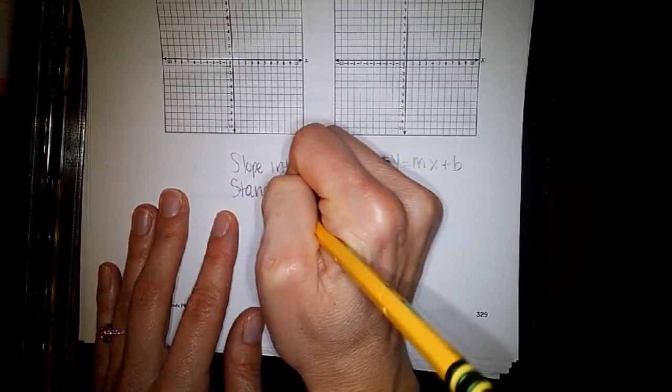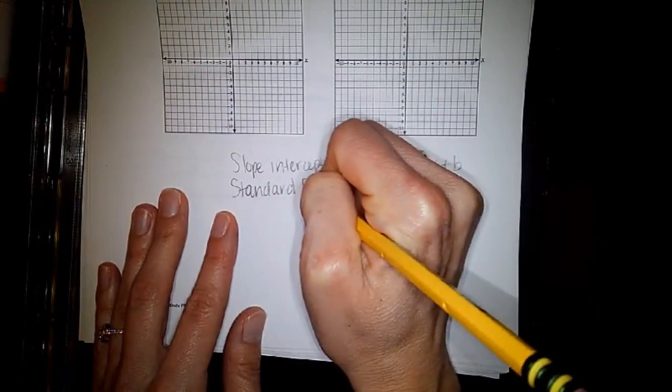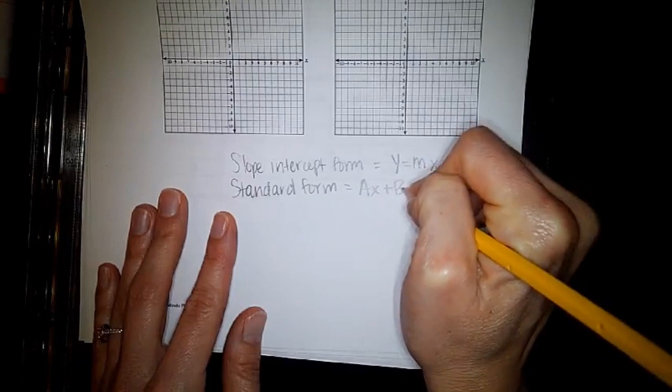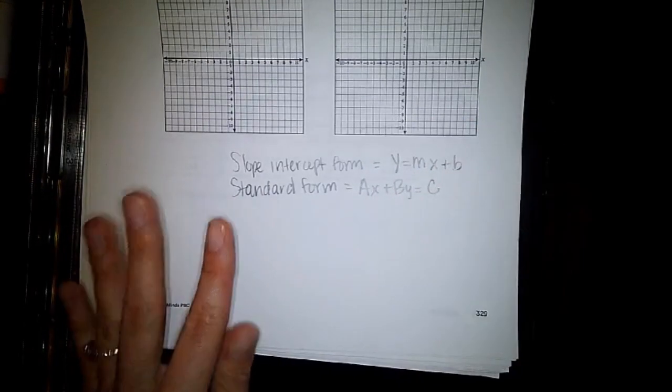Y'all seen this one too? ax plus by equals c. You remember that one? Where we were plugging in the value of x or plugging in the value of y to figure out what the other one was. The only one that you have not seen is point slope form.